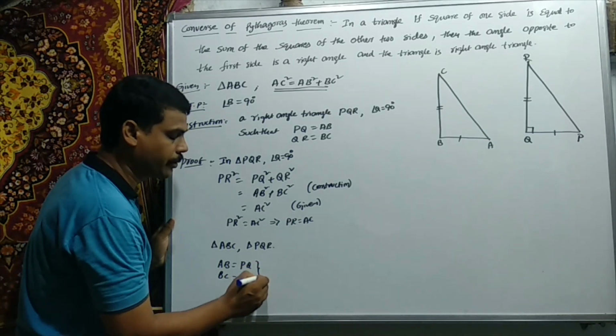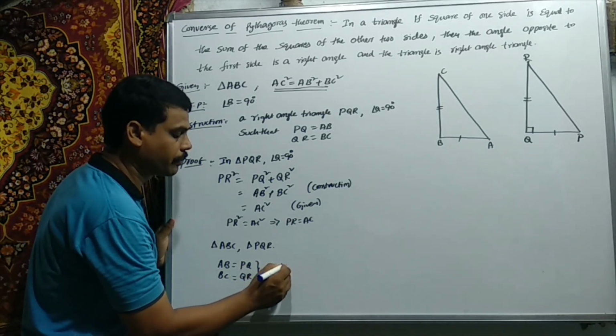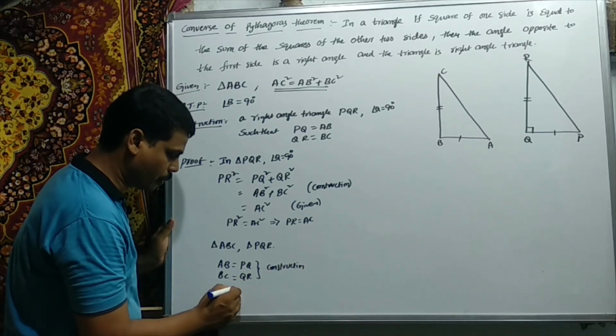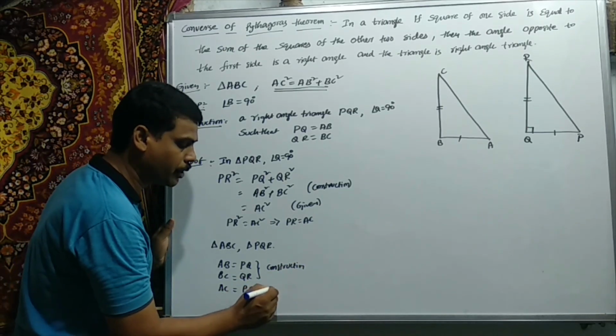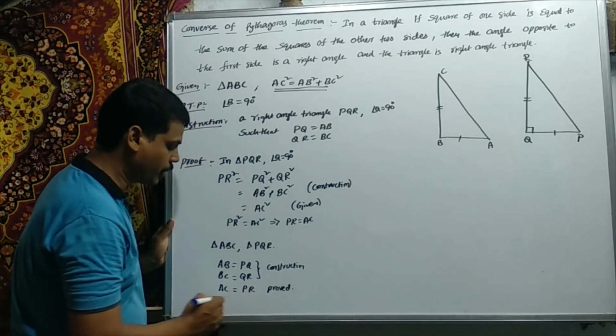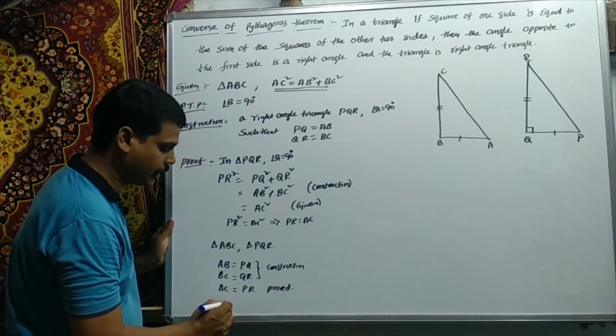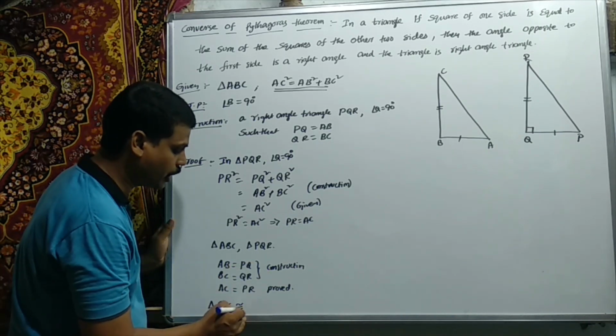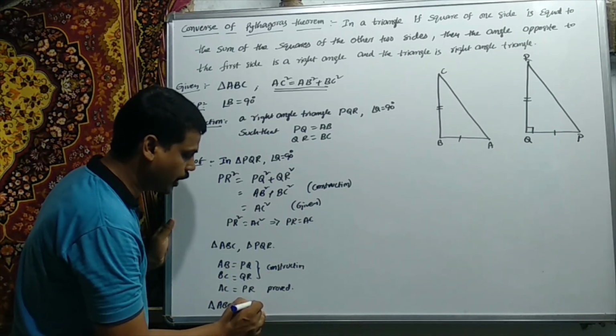These two are from the construction part. Now we have proved AC is equal to PR. Therefore, triangle ABC is congruent to triangle PQR.